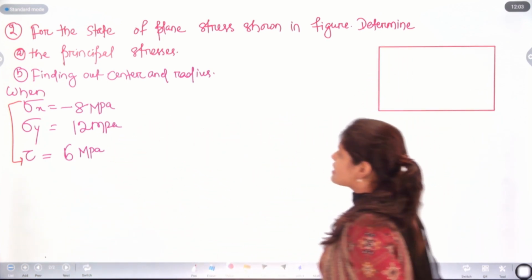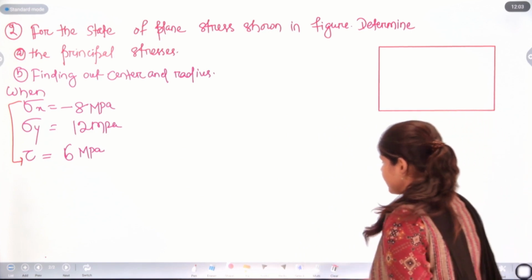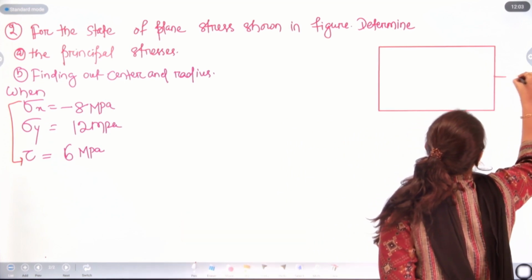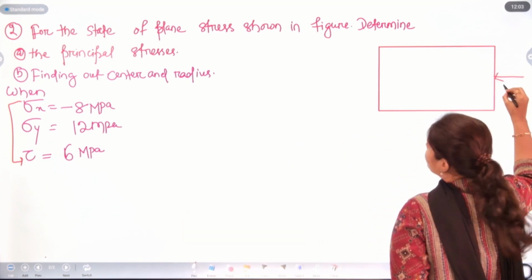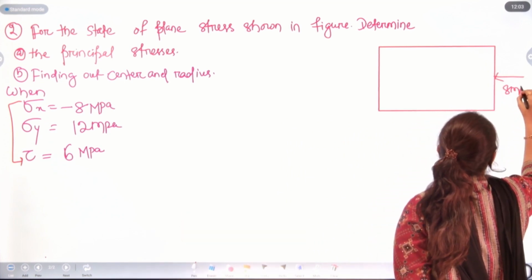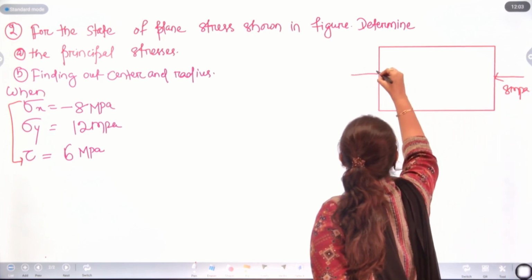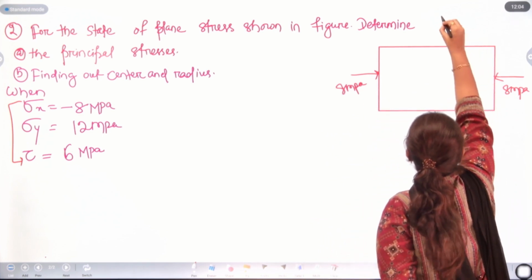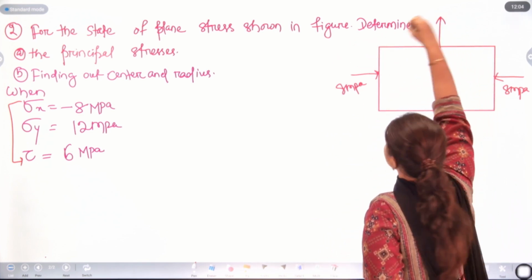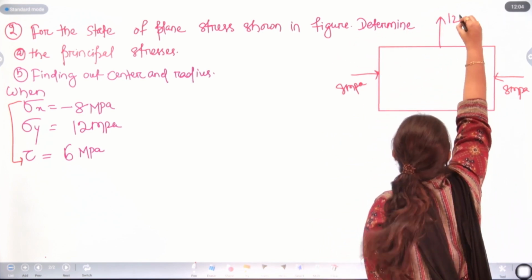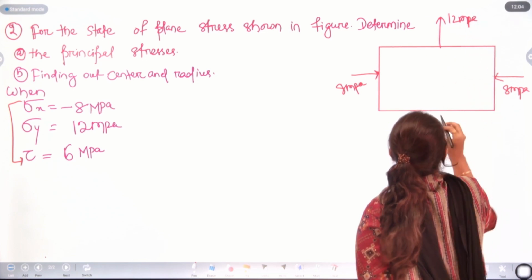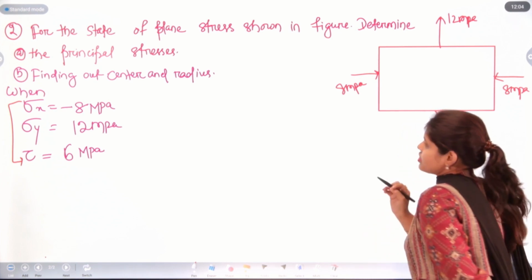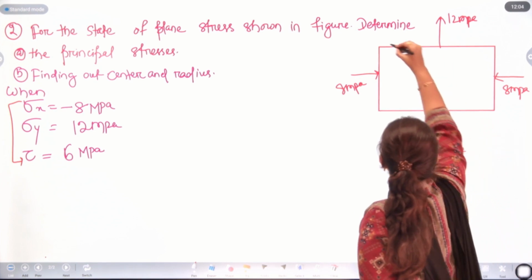So, we can see sigma x is in negative sign, so we will take that as compressive, 8 megapascal, and sigma y is in positive, so we will take that as tensile stress, and shear stress is given 6 megapascal.